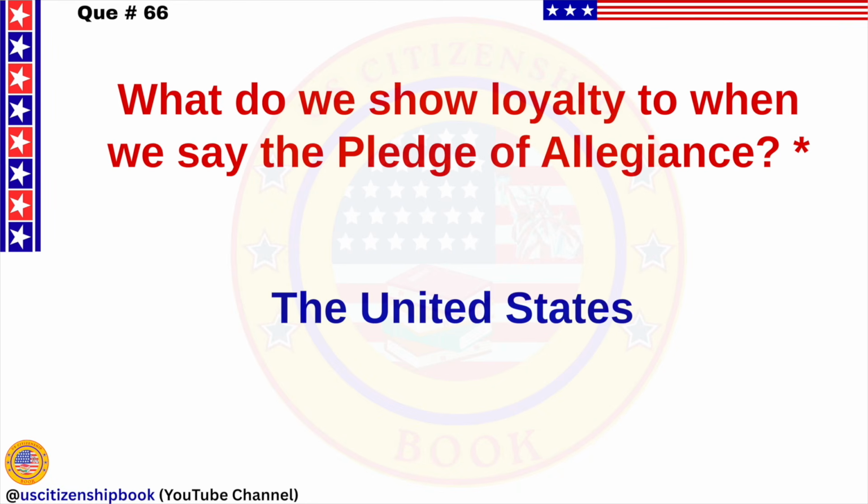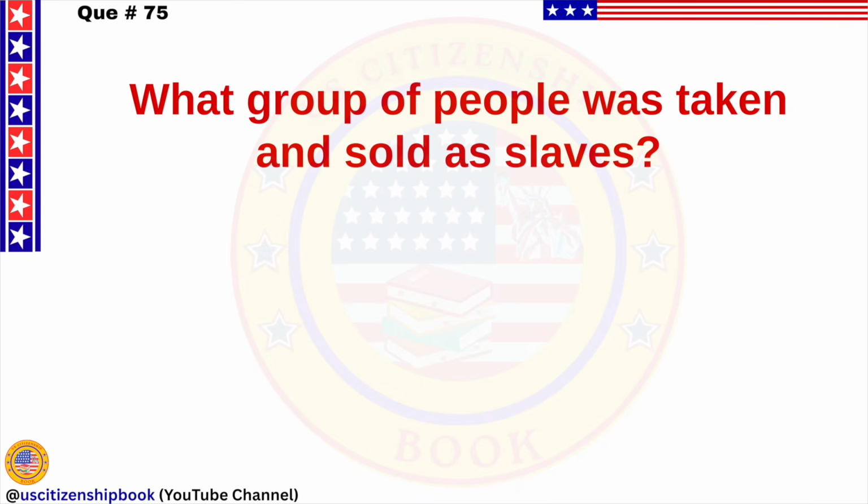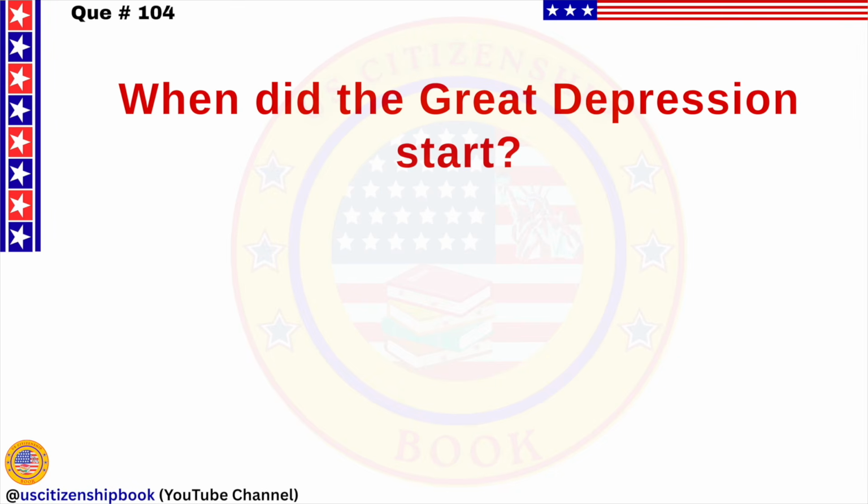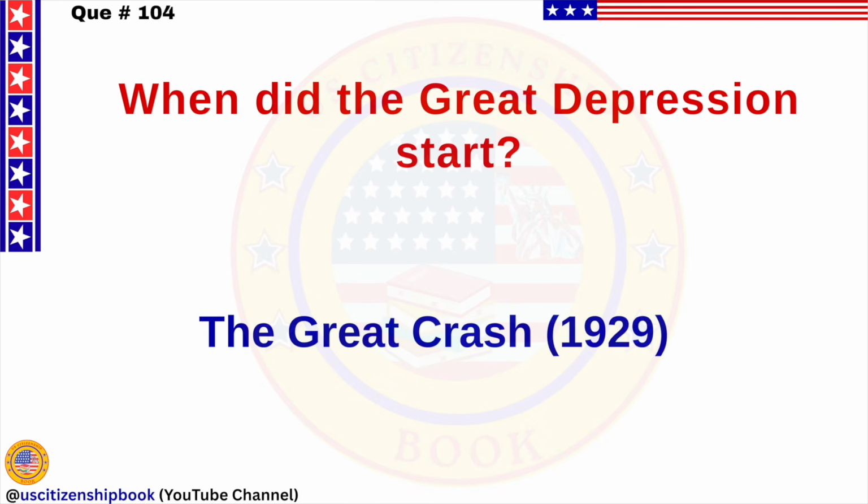The United States. What group of people was taken and sold as slaves? Africans. When did the Great Depression start? The Great Crash, 1929.